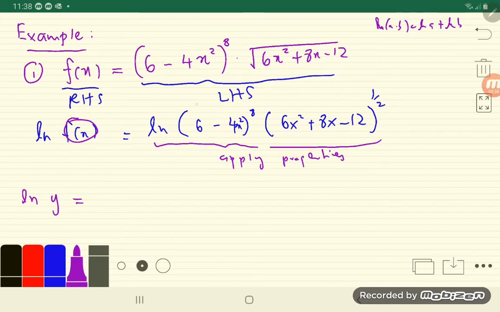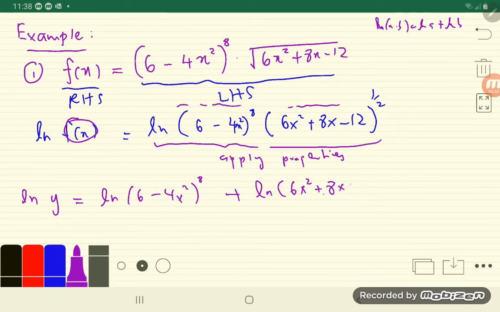So here you can imagine that this part is your a and this part is your b. So you can write it as ln (6 minus 4x to the power of 2) to the power of 8 plus ln (6x to the power of 2 plus 8x minus 12), and then it is power of 1 over 2.